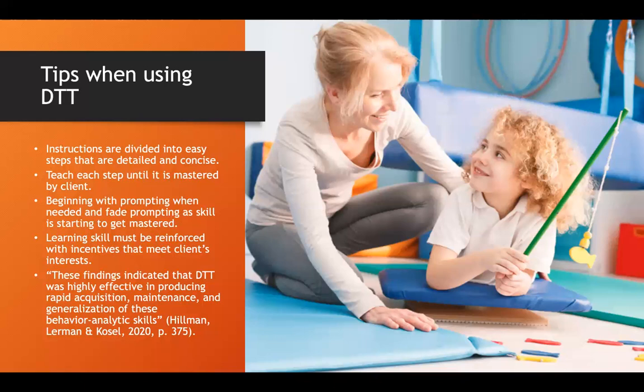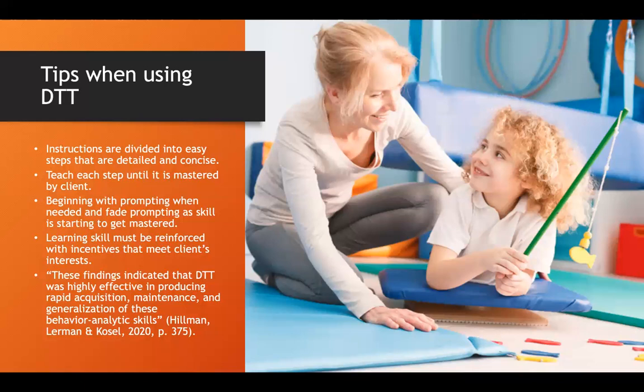So in this article written by Hillman, Lehrman, and Castle, they stated that these findings indicate that DTT was highly effective in producing rapid acquisition, maintenance, and generalization of these behavior analytical skills. So throughout their study, they discovered the effectiveness of DTT when used with autistic clients, as long as all team members used the intervention correctly and effectively.